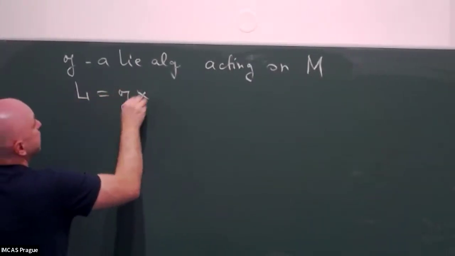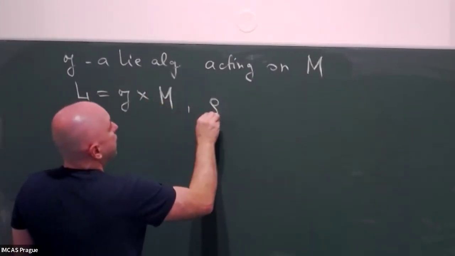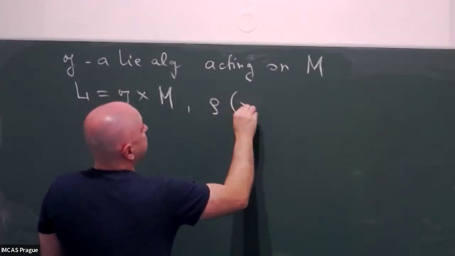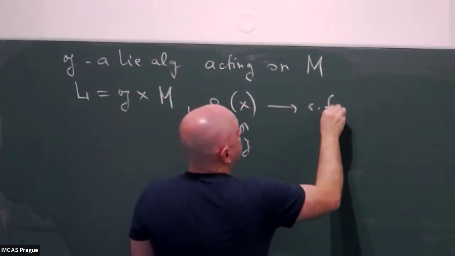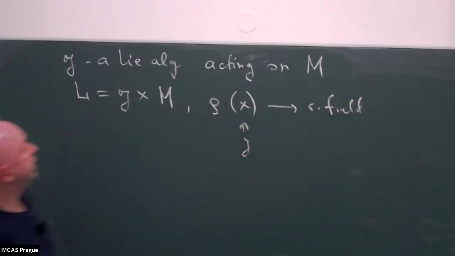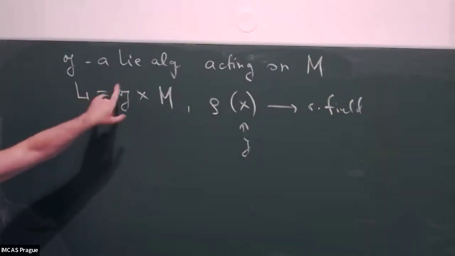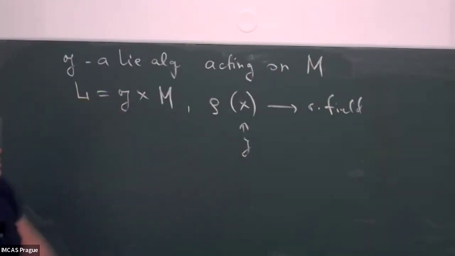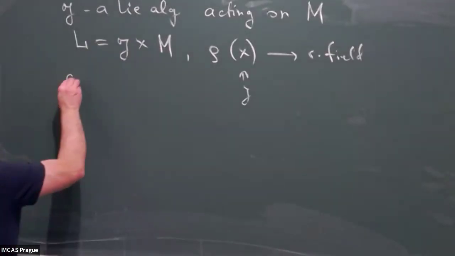It's a vector space, simply G cross M. The anchor map rho will send an element X in G to the corresponding vector field. And then we extend the bracket from what we call flat elements here, which are just elements in G, to whole sections by use of rho, by use of the property of the Lie algebroid. And this algebroid is called an action Lie algebroid.